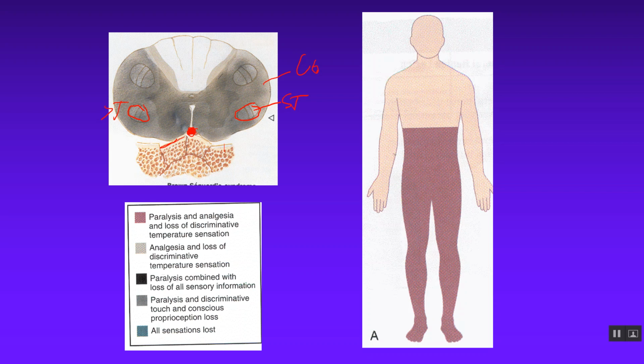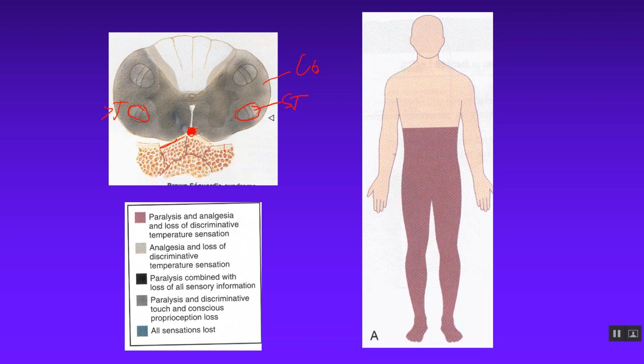So remember, we have some overlap of dermatomes. So probably about C8 and below, you're going to have no pain and temperature. Because remember, the C5, C6 dermatomes overlap up to one to two segments.